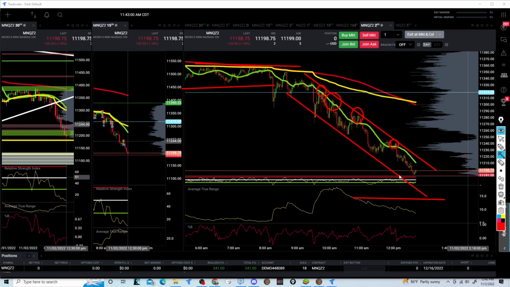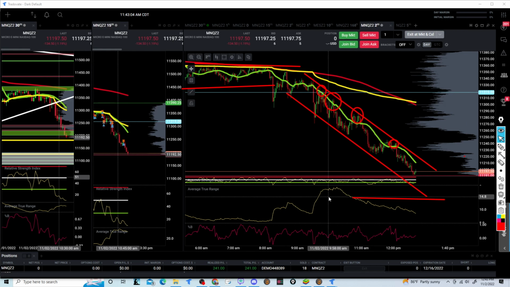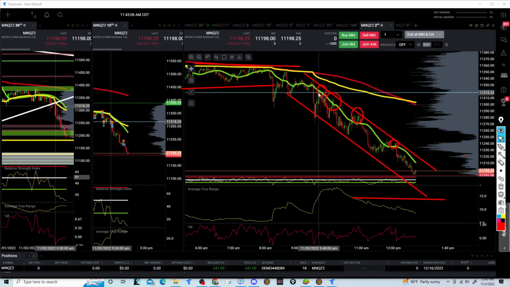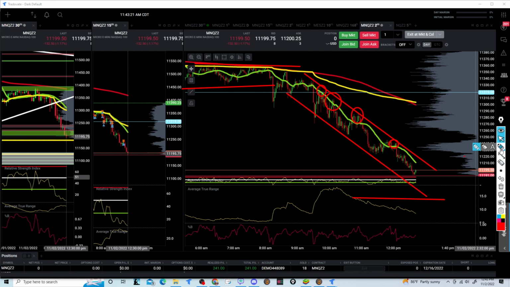So the average true range is about $17 according to our average true range, all right? So if we were to measure one bar, 19 down to 301, $19 per bar. So the average true range is correct.